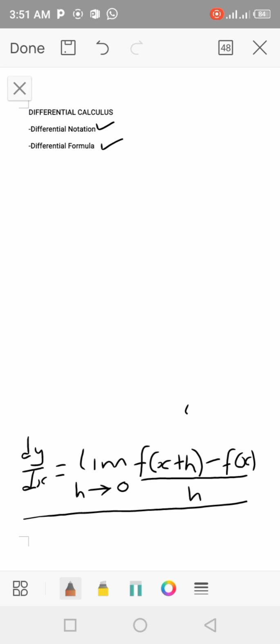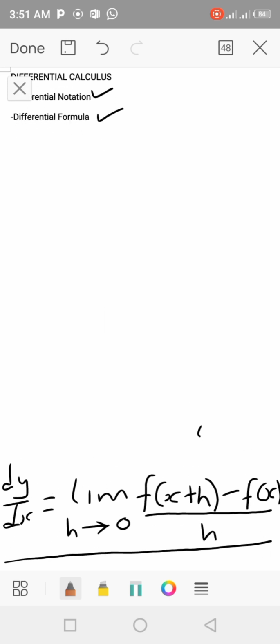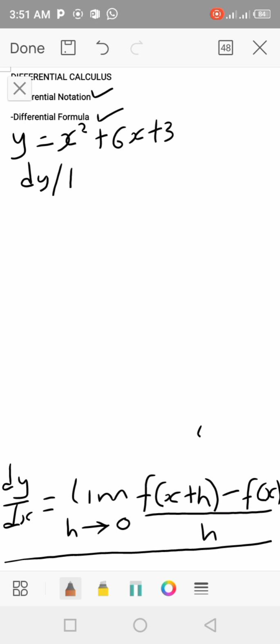So let's say that y is equal to x squared plus 6x plus 3. So we want to find dy dx. So what is dy dx? That's the question. So we can use the formula to solve the question.